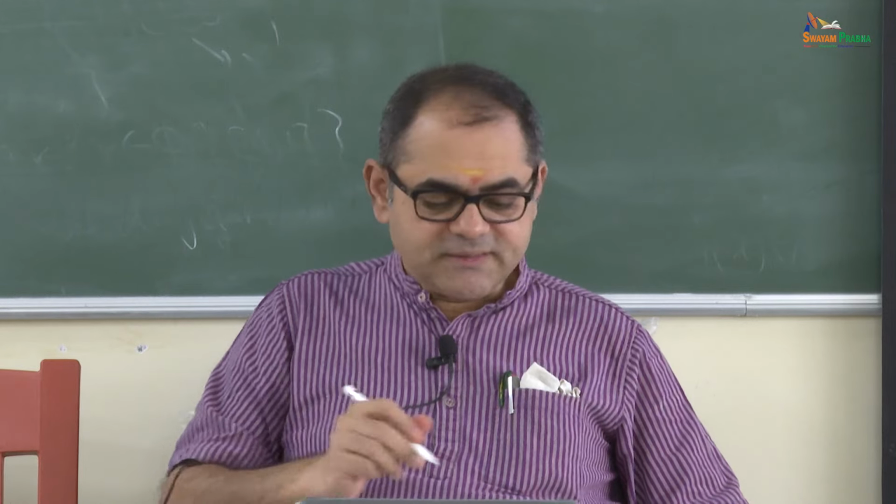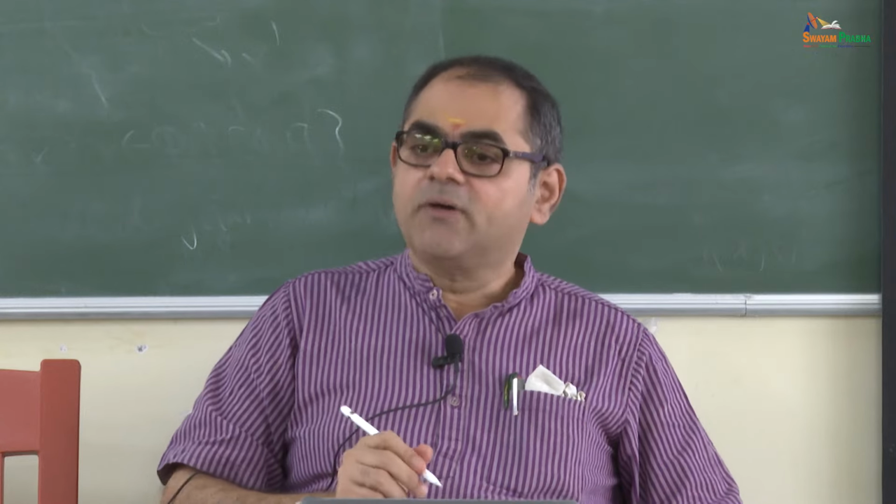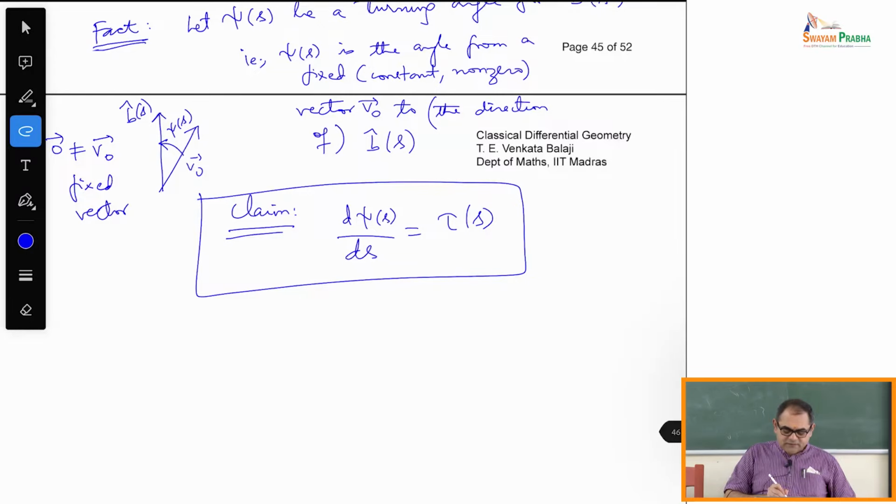So here is the claim. Now, how does one prove this? This is one fact. Of course, the other fact is that the change in b hat, which is b hat dot, only happens in a direction parallel to n. Let's prove this. It's very easy. First of all, look at the definition.